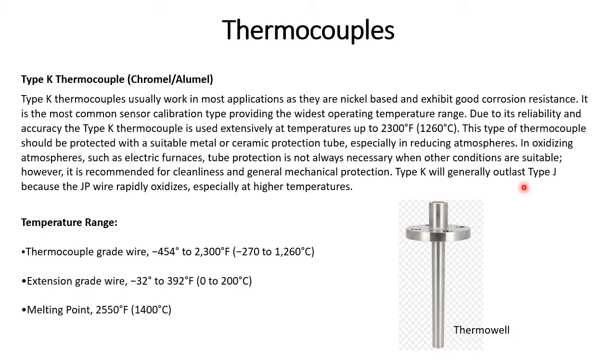Type K thermocouple will generally outlast type J because the JP wire rapidly oxidizes, especially at higher temperature. The temperature range of the thermocouple is between minus 454 degrees Fahrenheit and 2300 degrees Fahrenheit, which is minus 270 degrees centigrade to 1260 degrees centigrade.